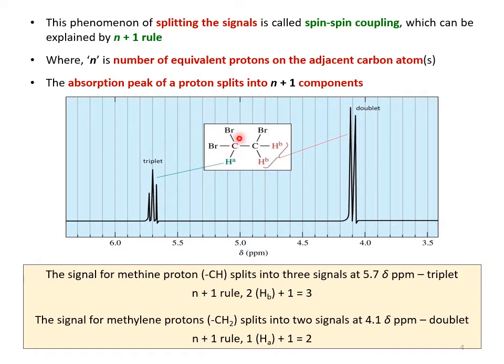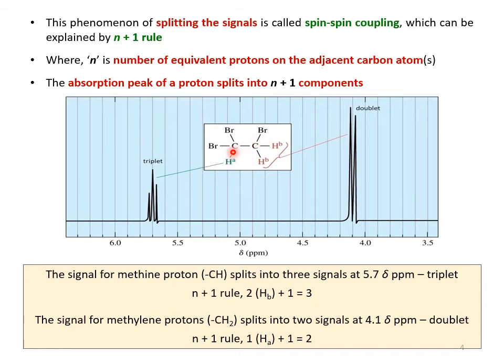Since this carbon bears two bromine atoms, the electron density in the vicinity of this methine proton is very less compared to the electron density around these methylene protons, because this carbon bears only one bromine atom, whereas the methine carbon atom bears two bromine atoms.